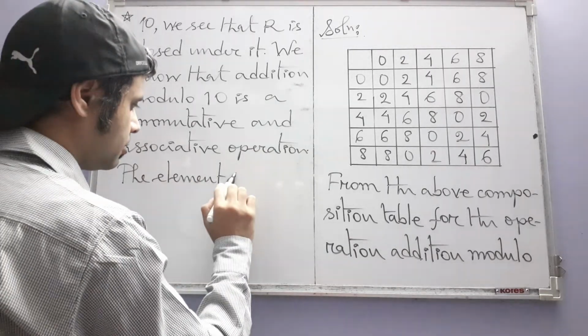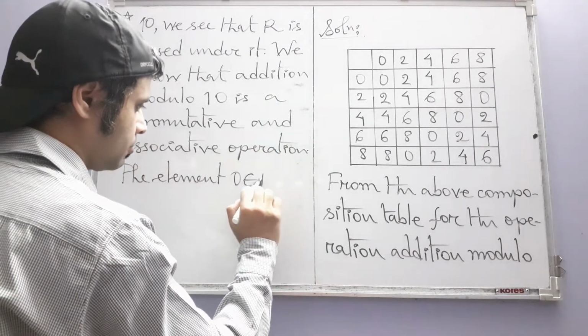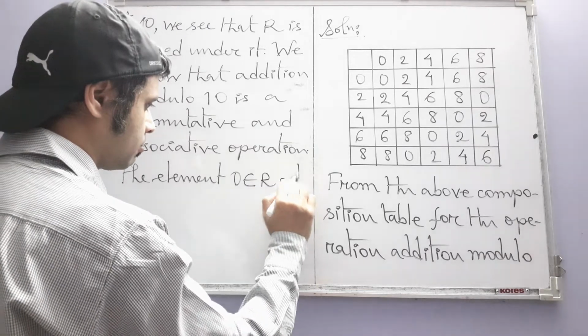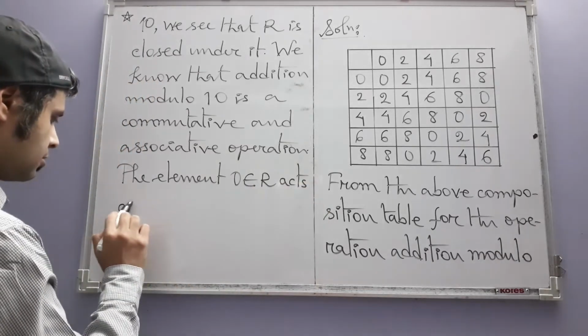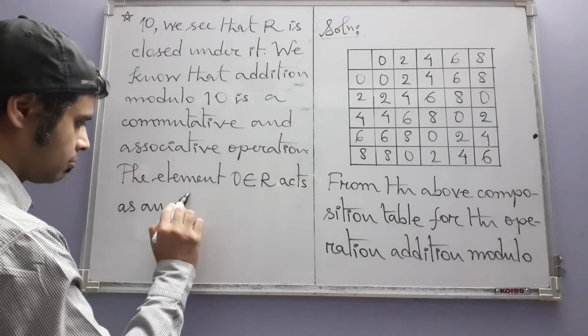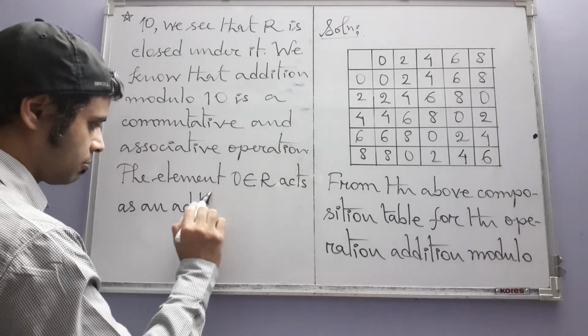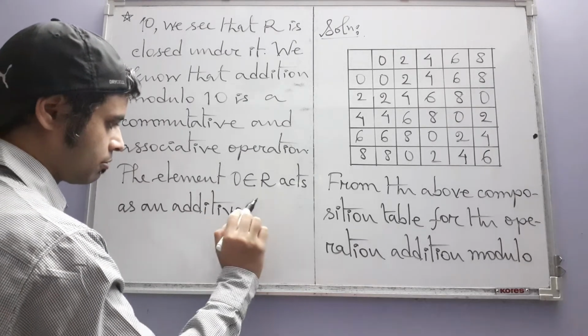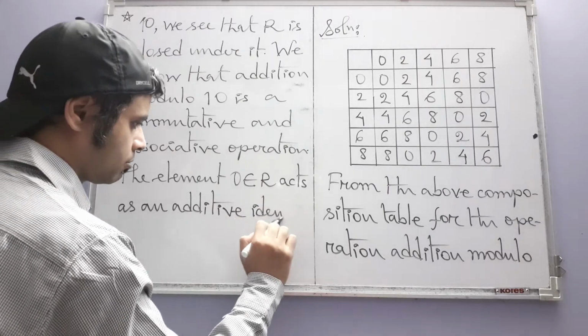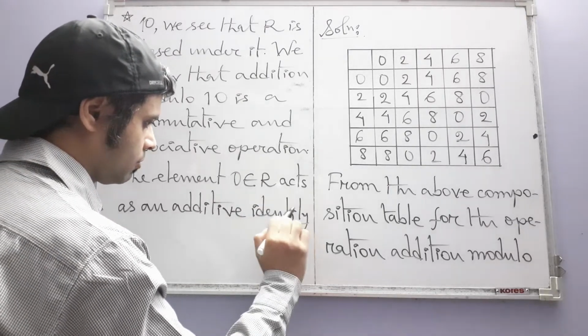The element 0 in R acts as an additive identity.